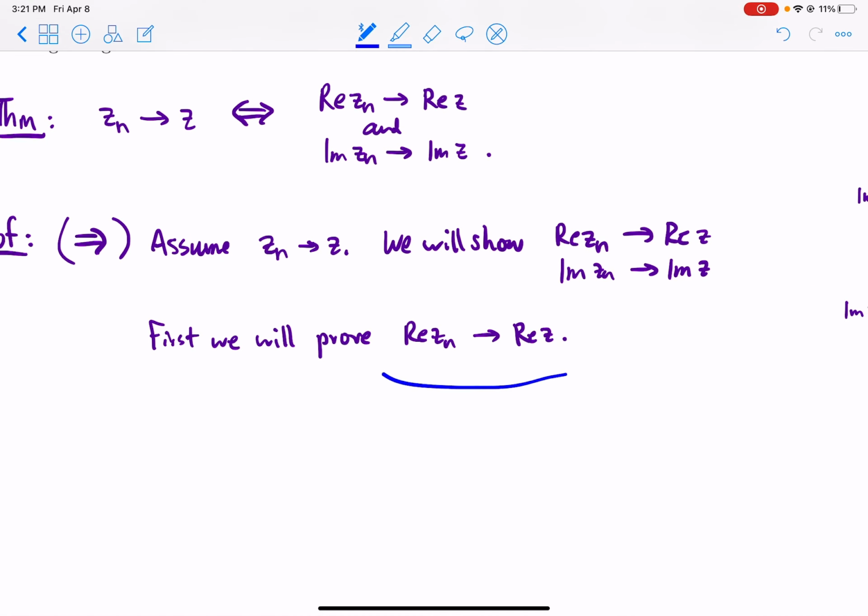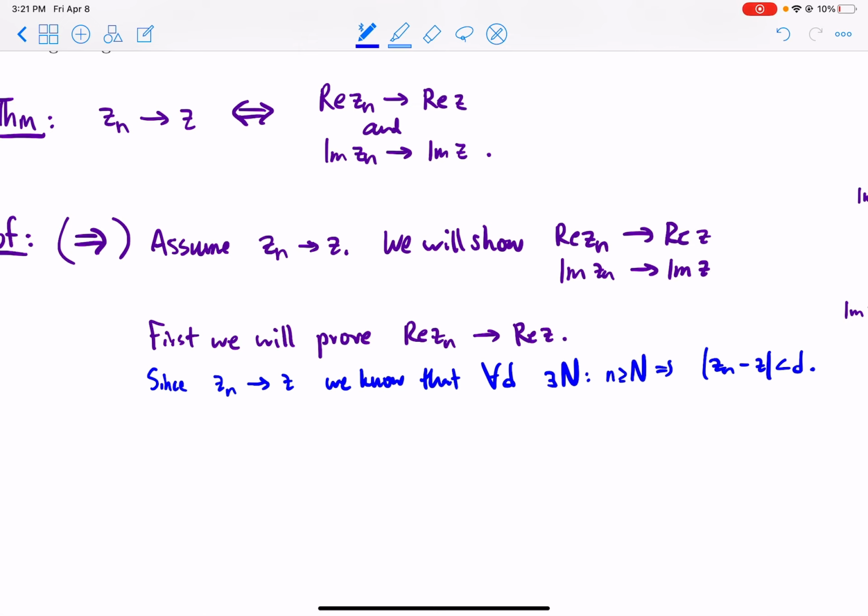So we need to prove this. Then, since we assume that the Zn go to Z, we know that for any d, there exists a capital N such that going past that N implies the absolute value of Zn minus Z is less than d.